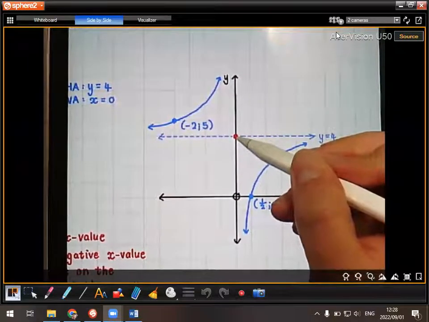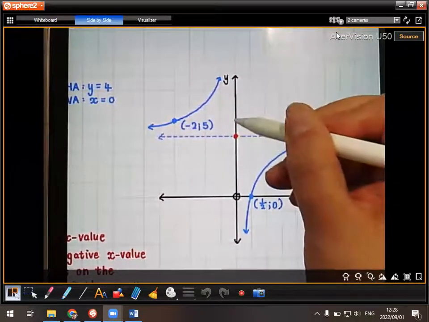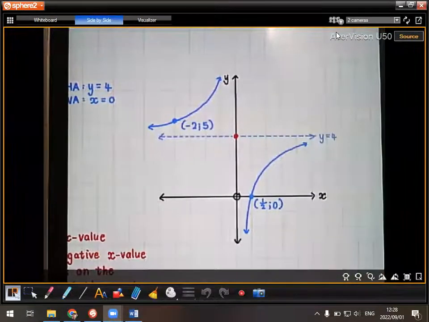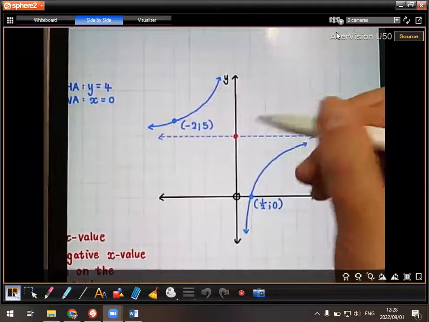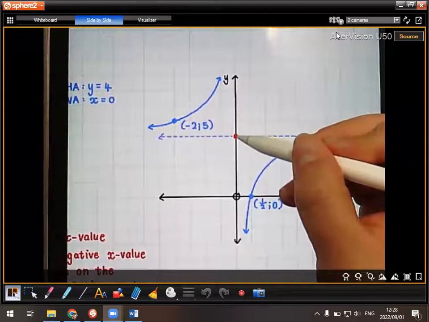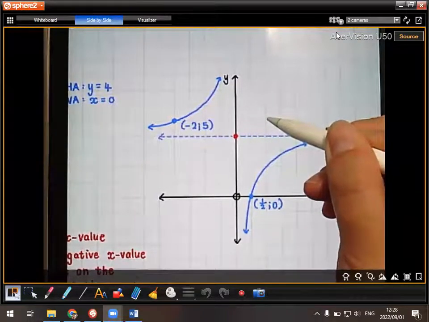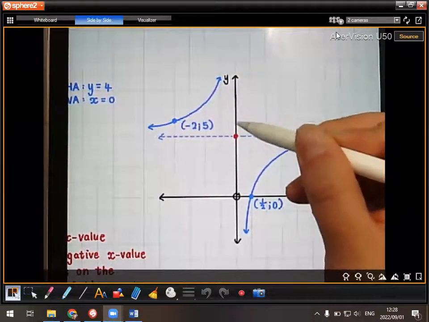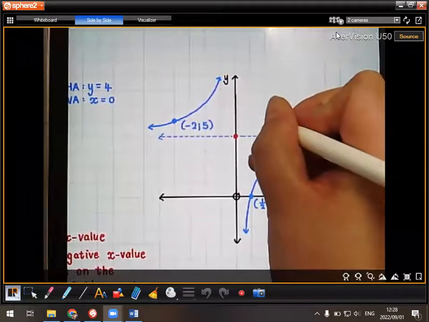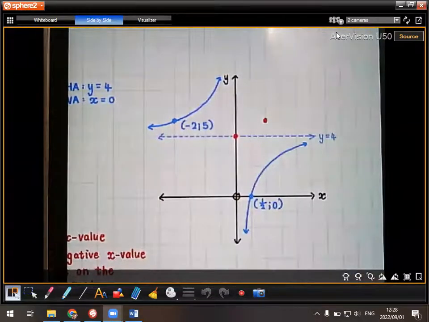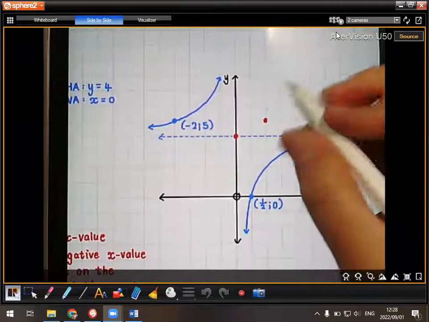So now remember the gradient was 1 over 1, so 1 up and then 1 to the right. You must just follow the scale that you use. For me, it was 1 on the y-axis and 1 across. We'll do another one tomorrow where the scale is done correctly.